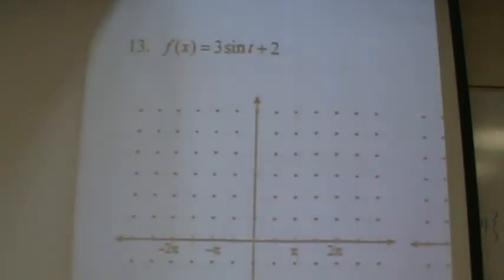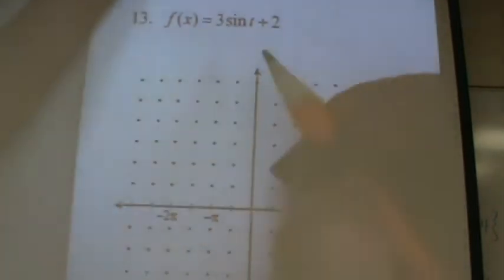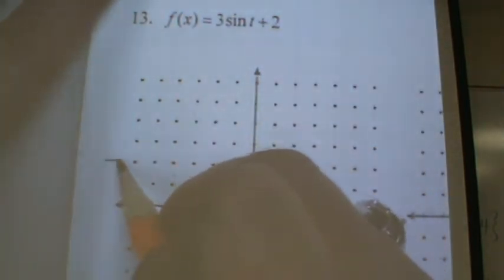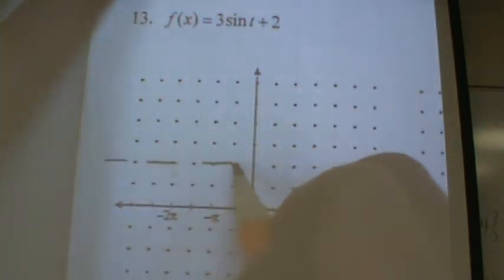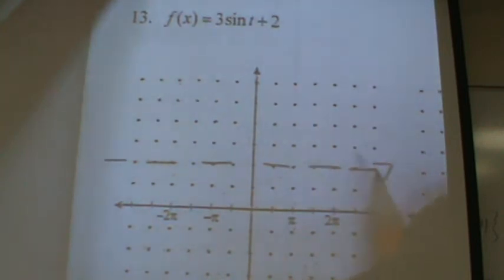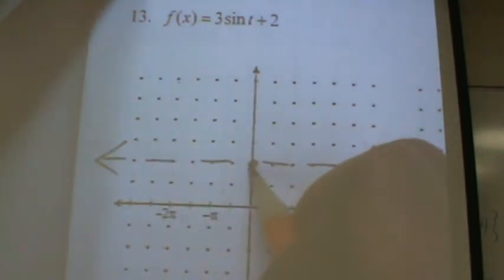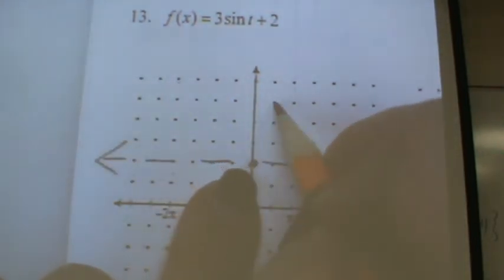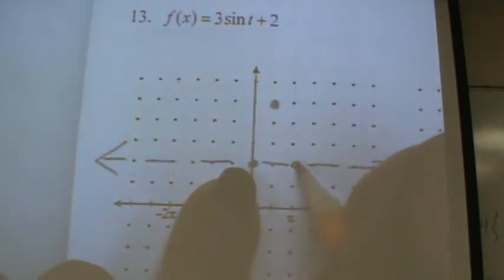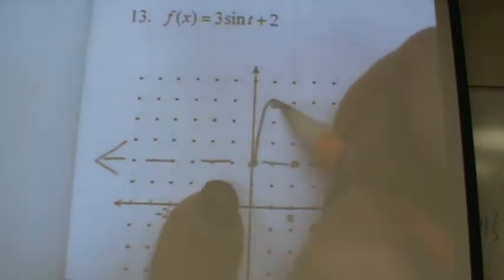Number 13, where's your new x-axis? At 2. And this is the sine curve. The sine curve starts on, you're going to go 3 above, back on, 3 below, 1, 2, 3, and back on. So it's like this.